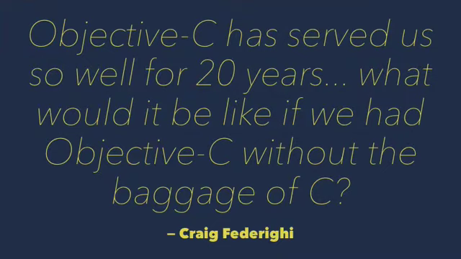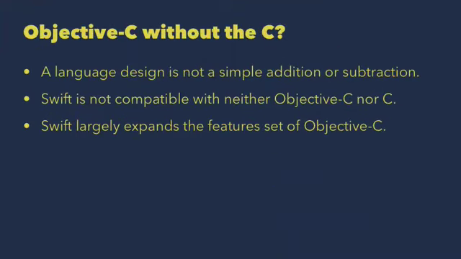But I think that's a misunderstanding of what Craig said, because language is not simply addition or subtraction. You cannot create a new language by combining two existing languages. You also cannot subtract one part of an existing language to form a new language.